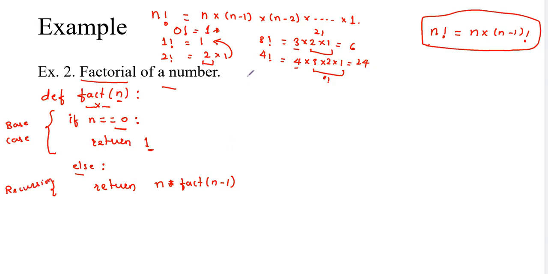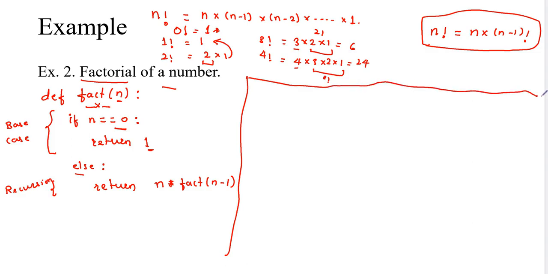Now when we are going to solve this problem for a factorial, let's start with one example, and then we can see how we can go with the stack. I'll assume n equal to 5, so I have to calculate the factorial of 5.